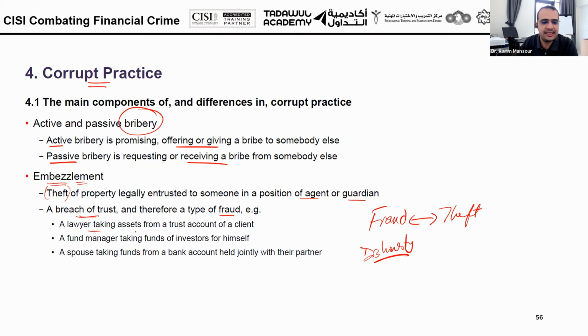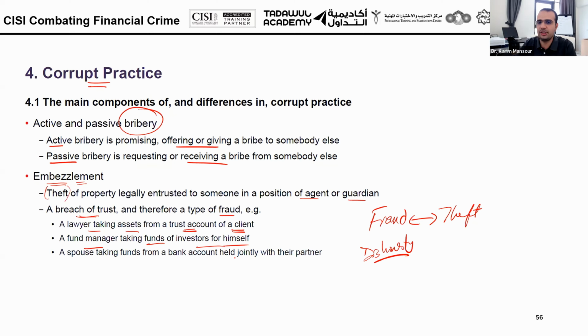For example, a lawyer taking assets from a trust account of a client, because a trust account is an account where a client has given you a certain asset which you're supposed to protect until the conditions of that trust materialize. So, for example, keep this money until my children are 18 and then give it to them. That's a trust. A fund manager taking funds of investors for himself.